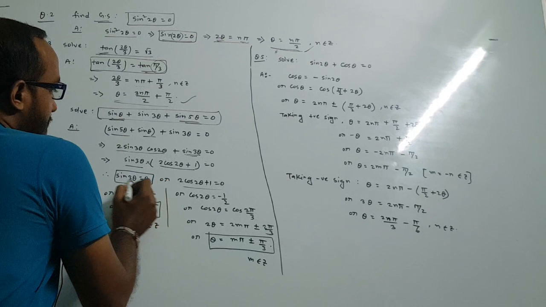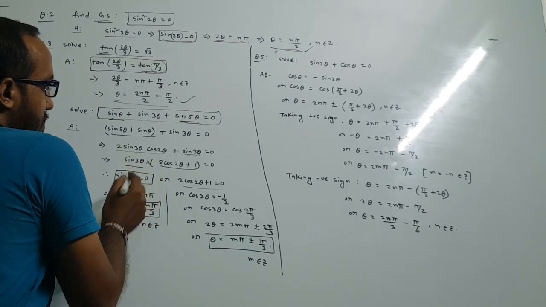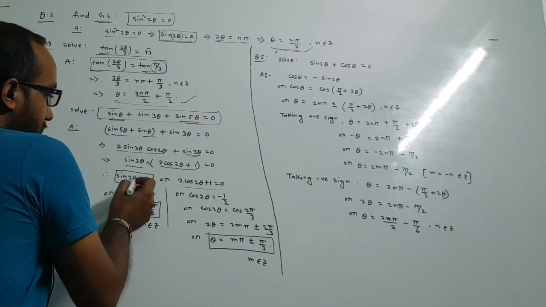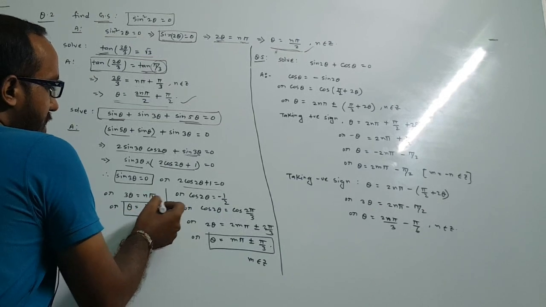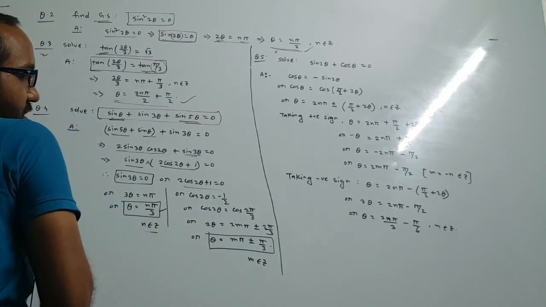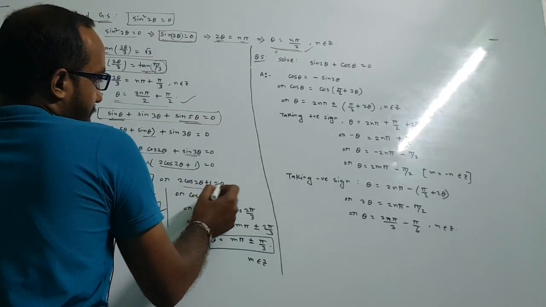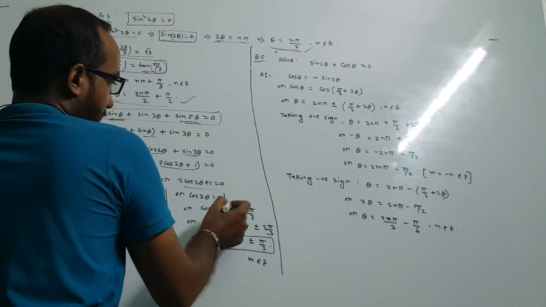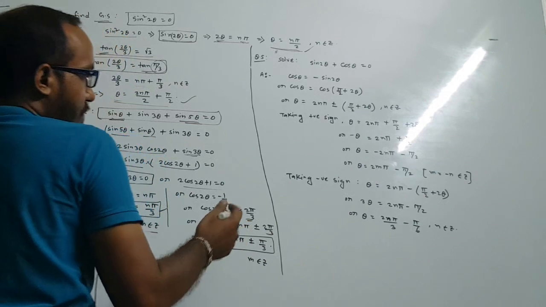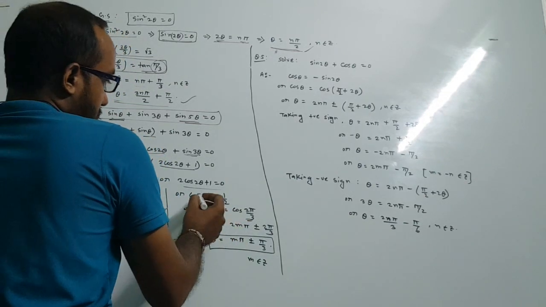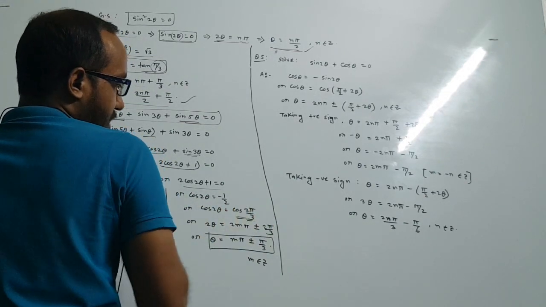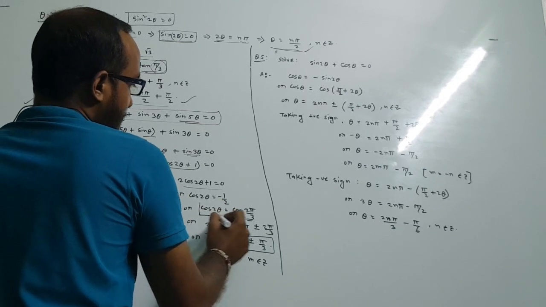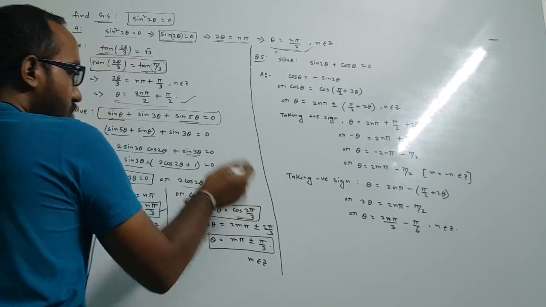Again see, apply sin theta equals 0. If sin theta equals 0, theta would be n pi. So 3 theta would be n pi, theta would be n pi by 3. N is an integer. 2 cos 2 theta plus 1 equals 0. Then cos 2 theta would be minus half. Minus half is the value of cos 2 pi by 3. So cos 2 theta you can write as cos 2 pi by 3. So now apply the general solution of cos theta equals cos alpha.